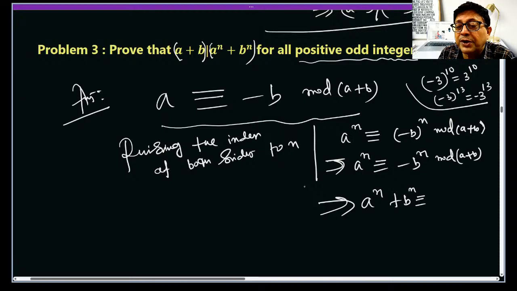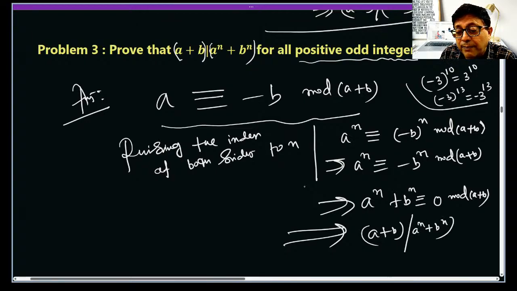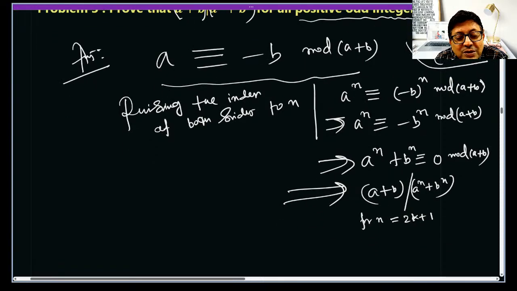This will be congruent with 0 mod A plus B. So this implies that A plus B divides A to the power n plus B to the power n for n of the form 2k plus 1, or n is odd. Actually, I am writing in the language of number theory for all positive integers. This is always true. Clear?